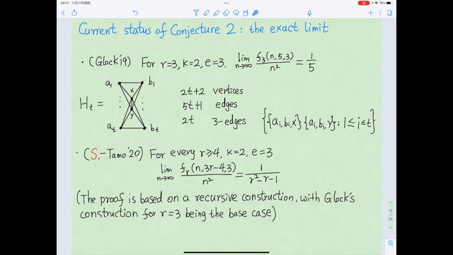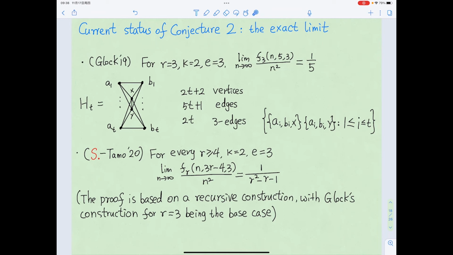The first case, where r equals 3, k equals 2, and e equals 3, is solved by Glock. He showed that if a 3-graph is (5, 3, 3)-free, then the maximum number of edges is roughly 1/5 times n squared.